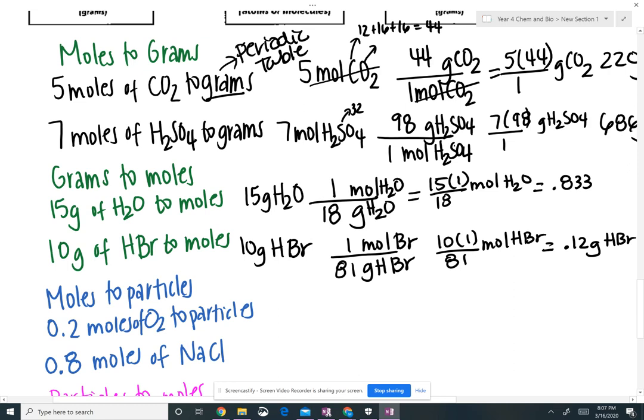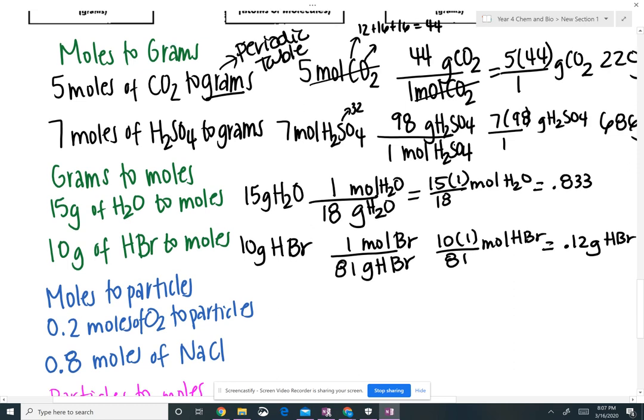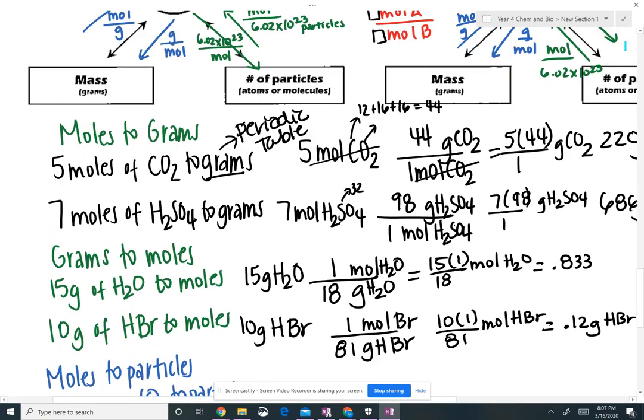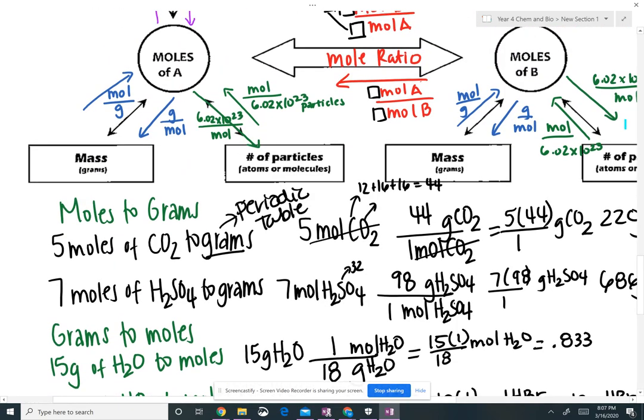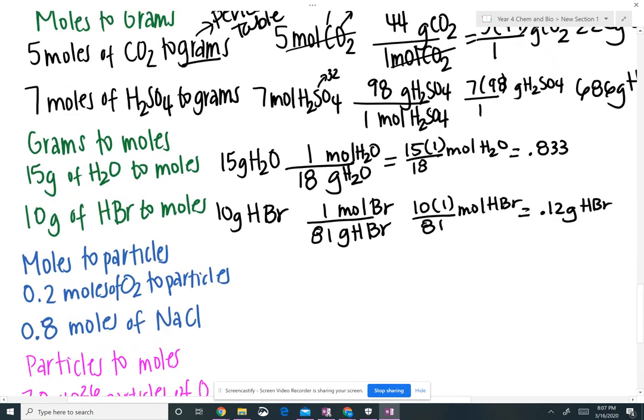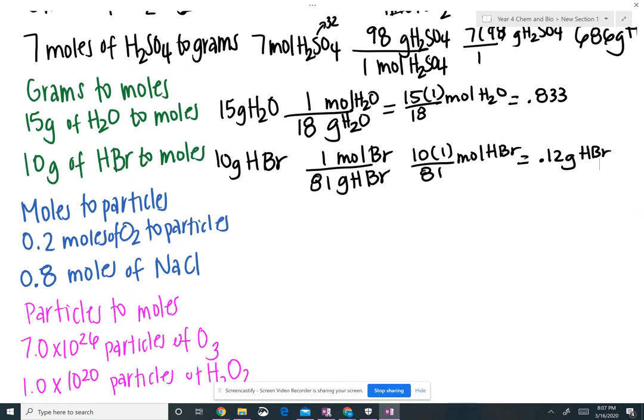Then you are going to have the same deal for your moles to particles. It depends on which way we're going, except we're going to use Avogadro's number to go from moles to particles.